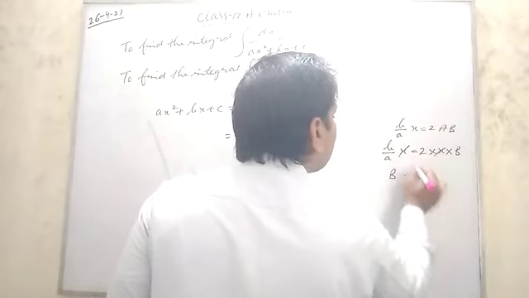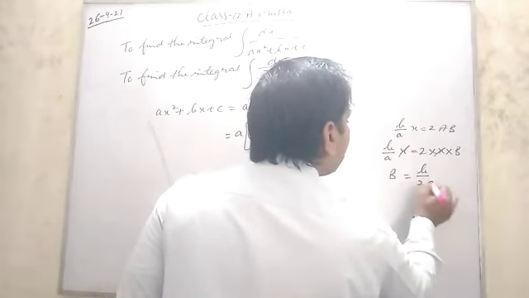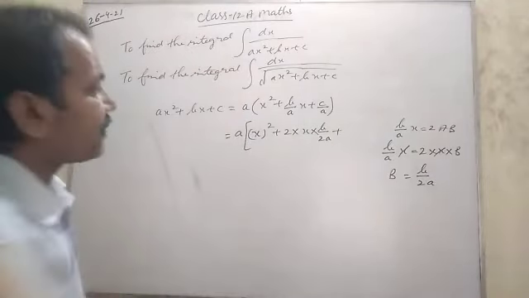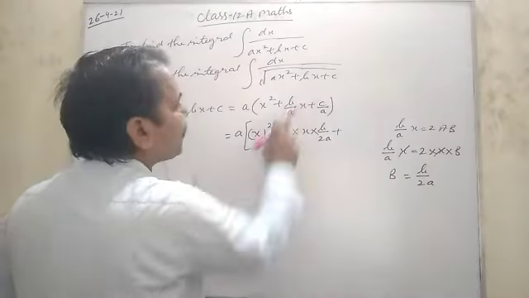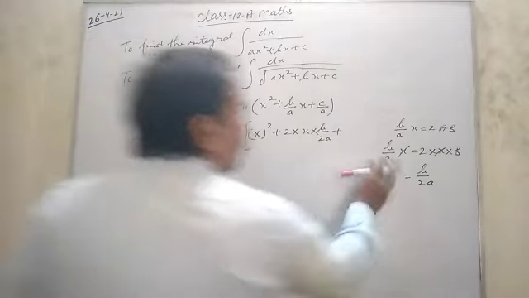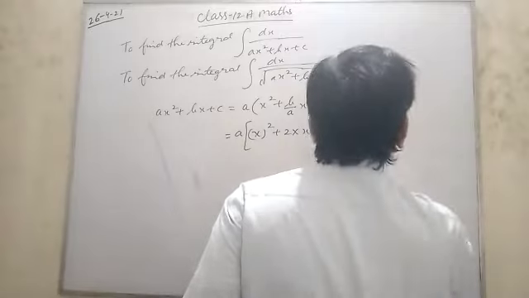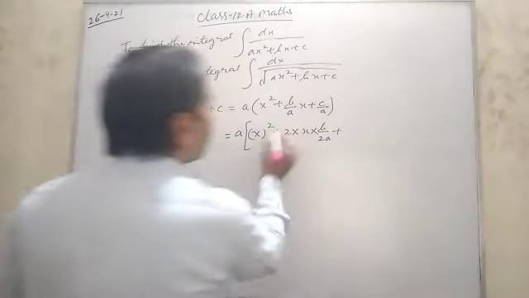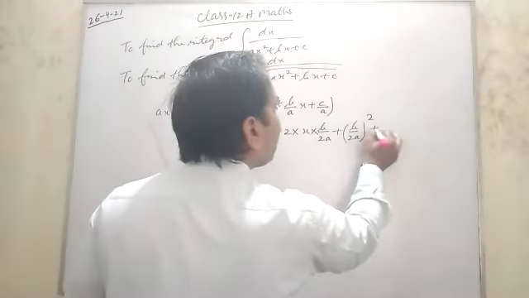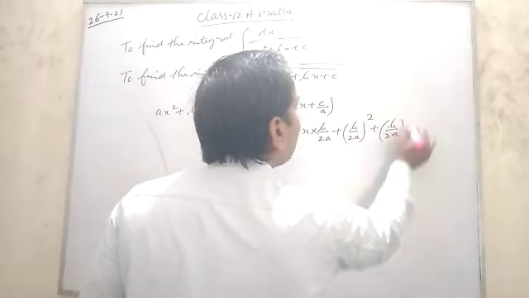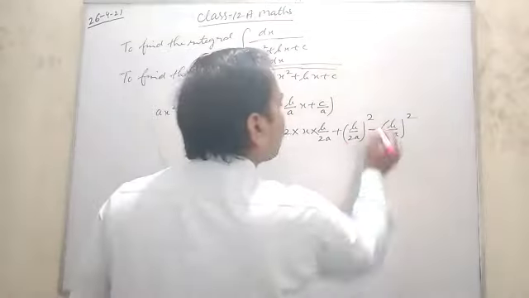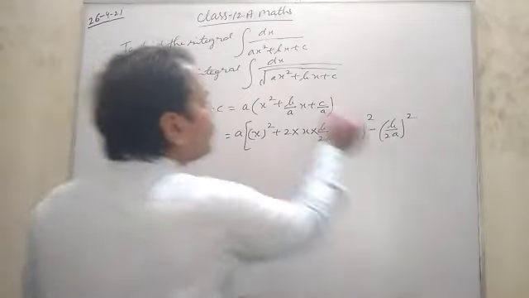So x cancels, so b is equal to b upon 2a. So in place of this you put b upon 2a, and after that check, the 2 cancels, so bx upon a. Clear? So like that you find it. So a square plus 2ab, so this b whole square you add and subtract. Adding means it will be extra, then subtract it. So by that it will balance. Then c by a remaining.